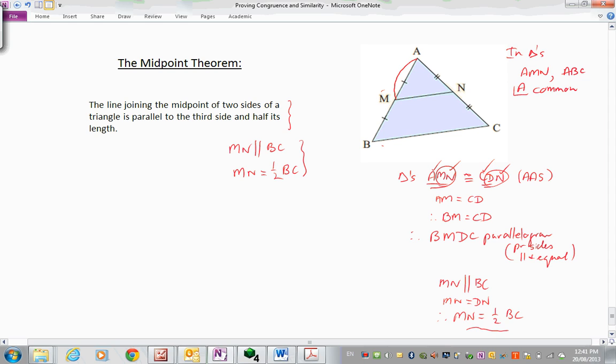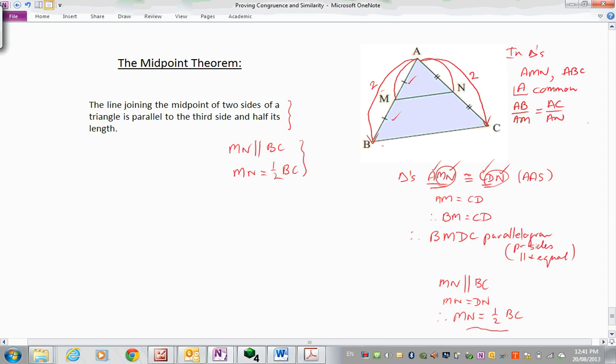AM and MB are the same, so AM has been enlarged to AB by a scale factor of 2. It's twice as far because these two are equal. And AN has been enlarged by the same amount, a factor of 2. So what have we done? We've got AB to AM is the same as AC to AN.